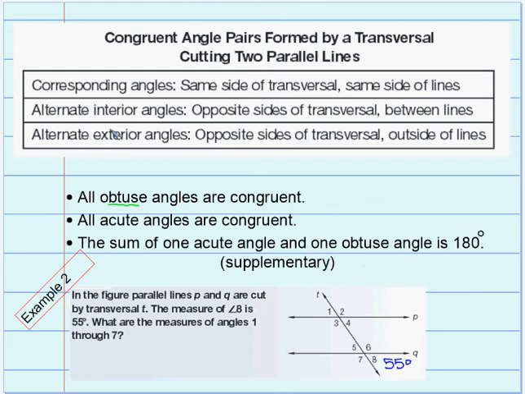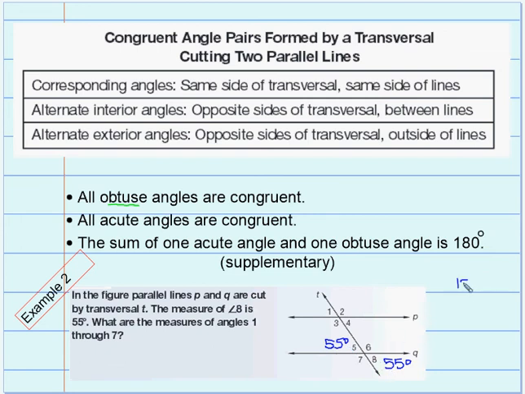So using what you know about corresponding angles, alternate interior and alternate exterior angles, you can go through and start marking things really quickly. You can also use what you know about vertical angles and angles being supplementary. 55 degrees would match up here because these are vertical angles.